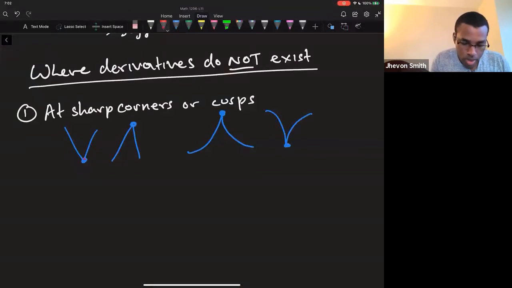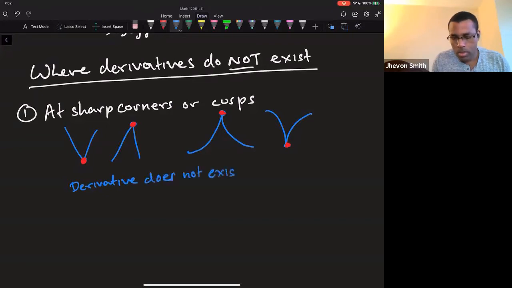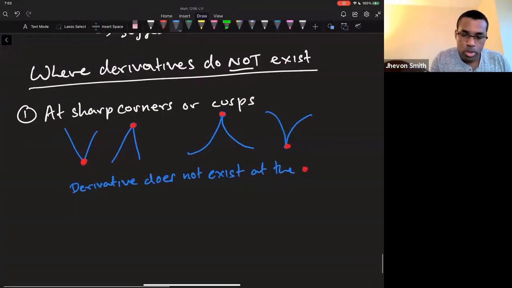Then the derivative doesn't exist here. The derivative won't exist at those red points.